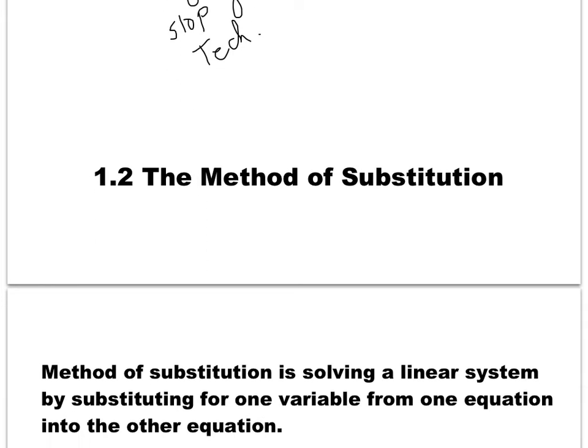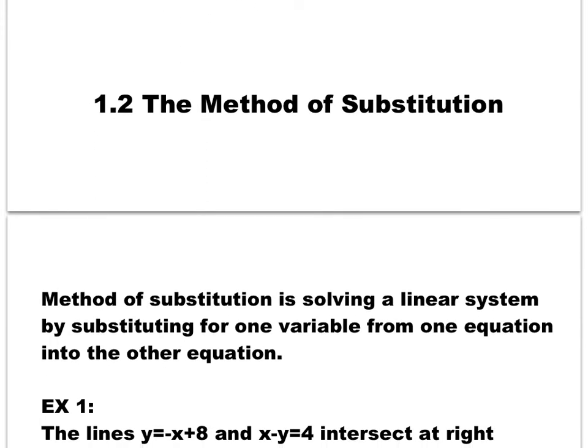What the method says is to substitute one variable in the second equation. From the first equation, isolate one variable and then put it back in the second equation and solve the second equation for the variable.